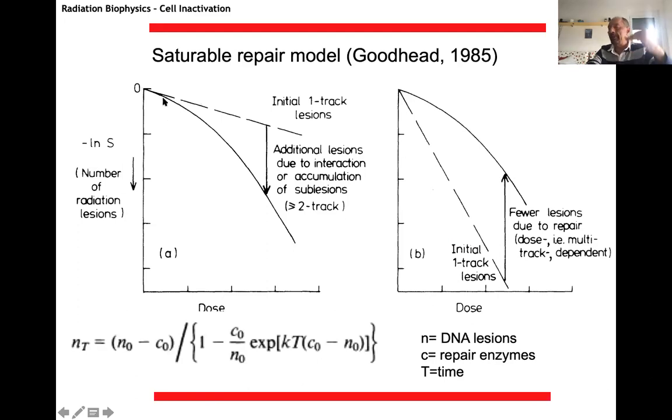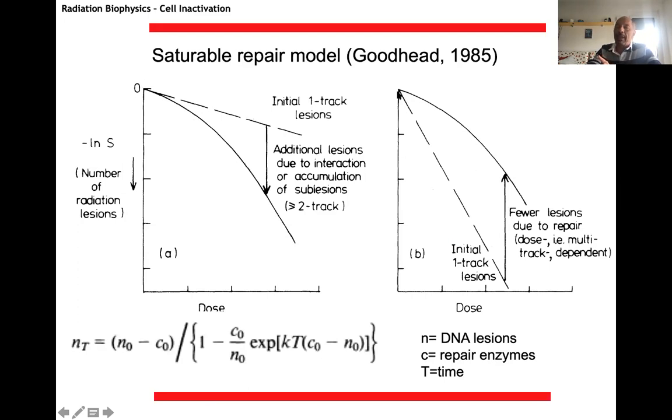In the multi-track model, this will be 0. In the alpha D plus beta D squared model, this is the alpha. So the initial slope is the intra-track. And then because of the inter-track events, when you go to high doses, you start to see a curvature here.